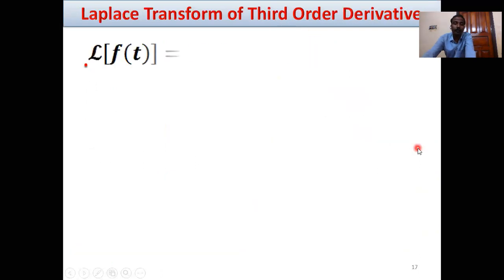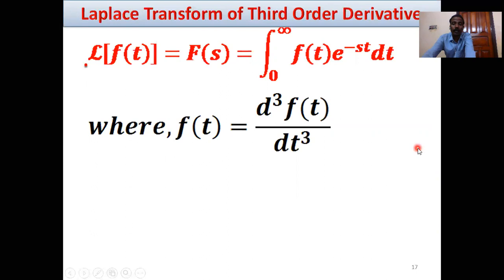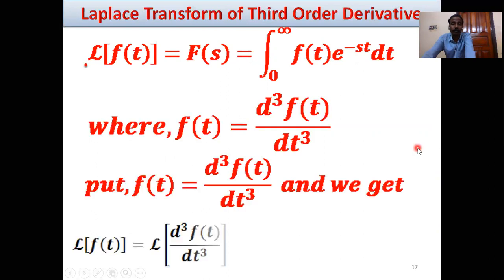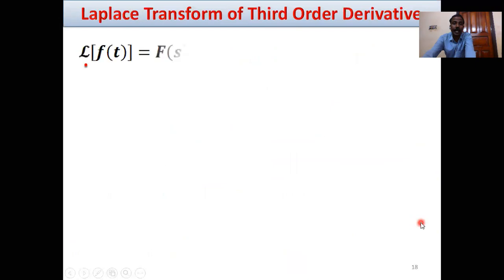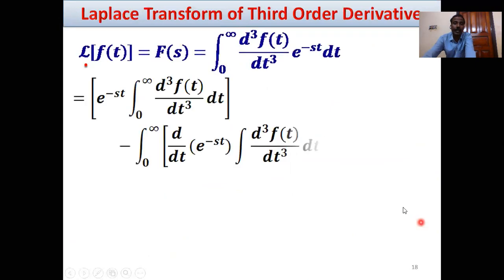Then this is the form: the Laplace transform of d3f(t) by dt3 equals the integral from 0 to infinity of d3f(t) by dt3 e to the power minus st dt, and then integrate.